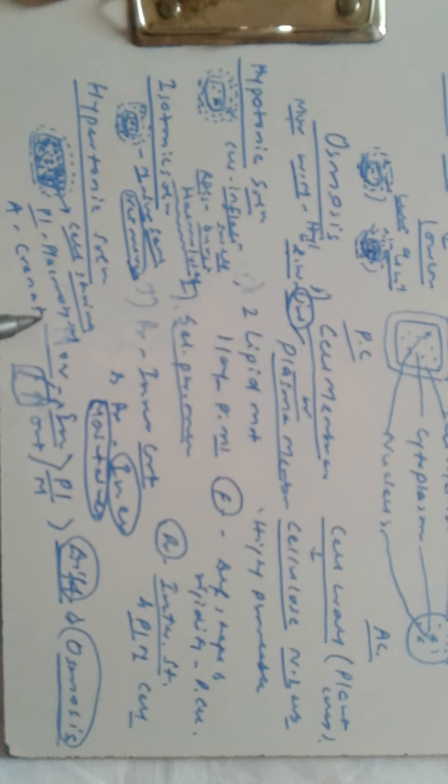So what will happen? The water will move outside the cell, and as a result the cell will shrink. In case of plants, it is called plasmolyzed, and in case of animals, it is called crenated.